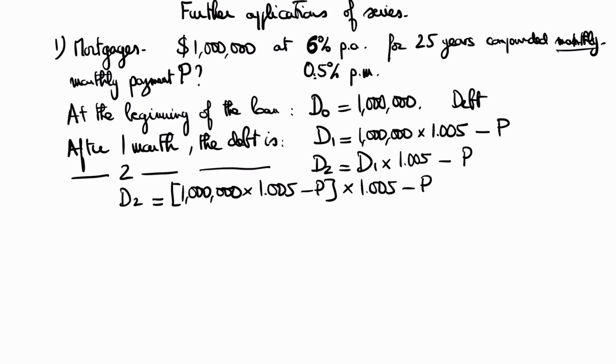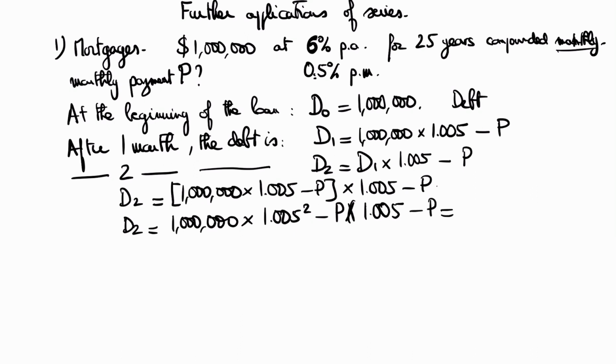So that's equal to $1 million times 1.005 squared minus P times 1.005 minus P, which I can reorganize a little bit as 1 million times 1.005 squared minus P times (1 plus 1.005). Okay, that was the end of month 2.